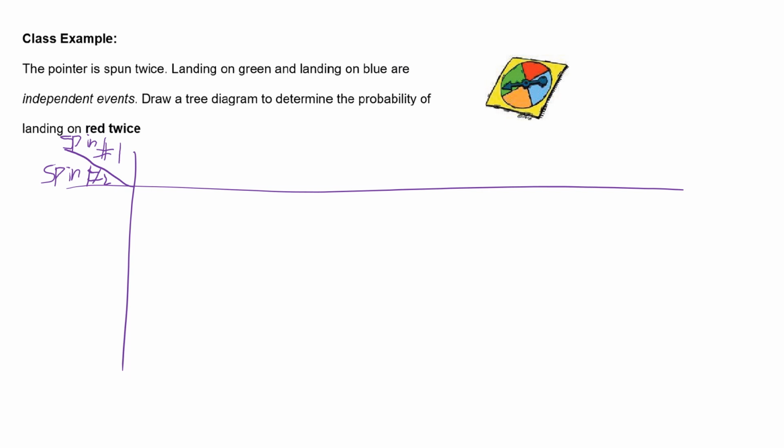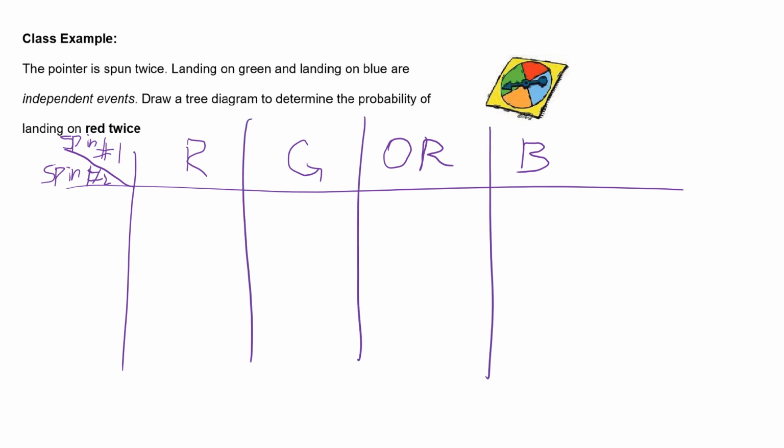And like my rationale in the previous slide, you have red, green, orange, blue outcomes, ladies and gentlemen. So you have R, G, O, or B, but at the same time, your second outcome is identical to the first outcome, you are setting the exact same thing.